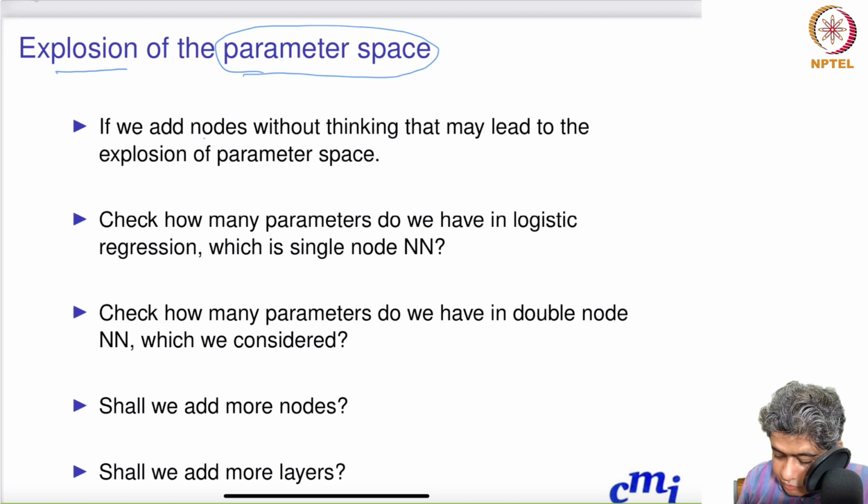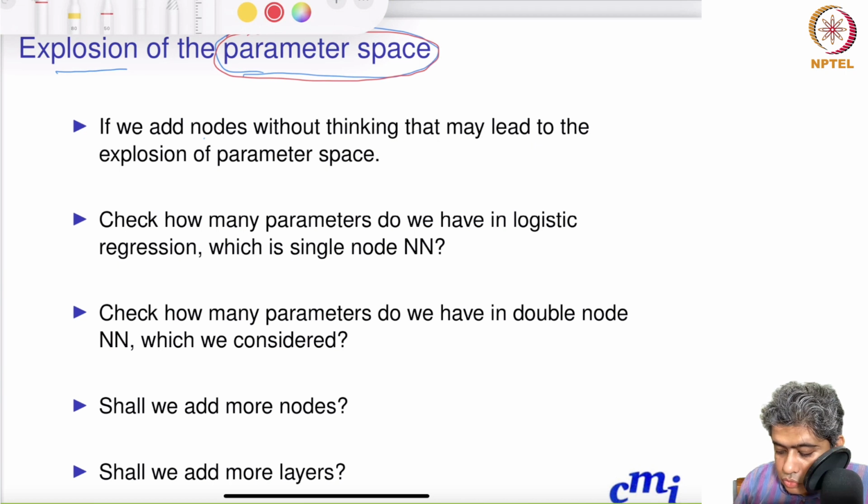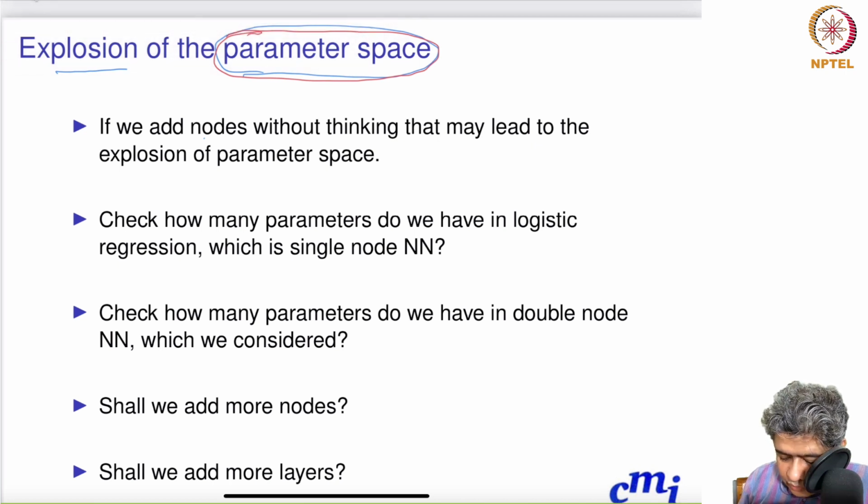You have to be super careful, because the parameter space can very easily explode if you add nodes and layers without thinking.